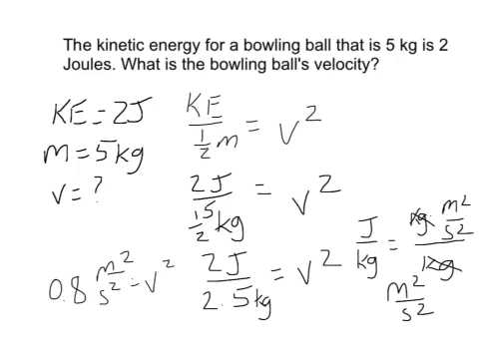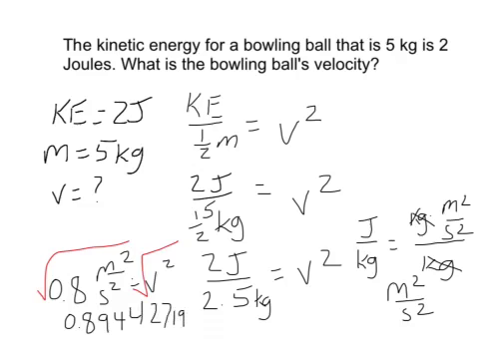So, we're done, right? We have velocity. No, we have velocity squared. We're going to have to get rid of that squared. So what we're going to do is find the square root, because the square root of velocity squared is just velocity. So the square root of 0.8 would be 0.894427191, which is a pretty long decimal.